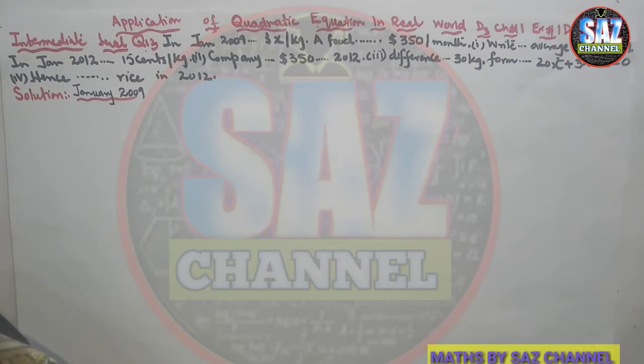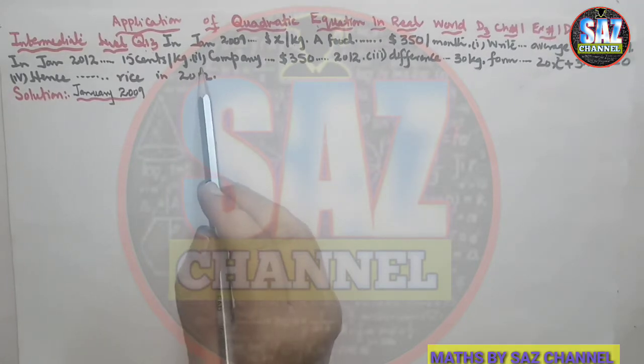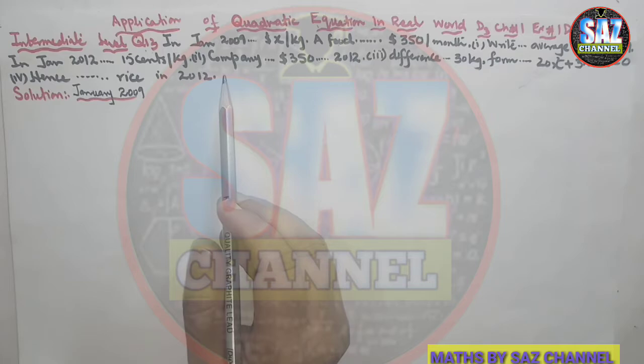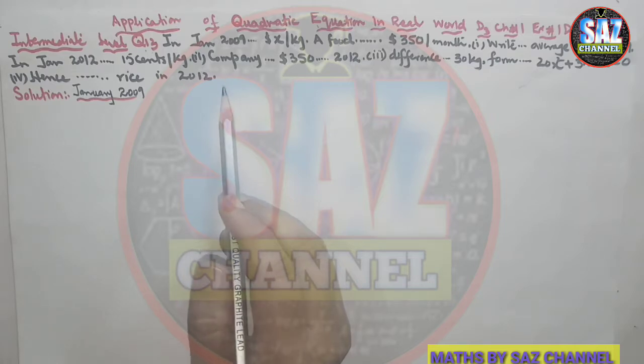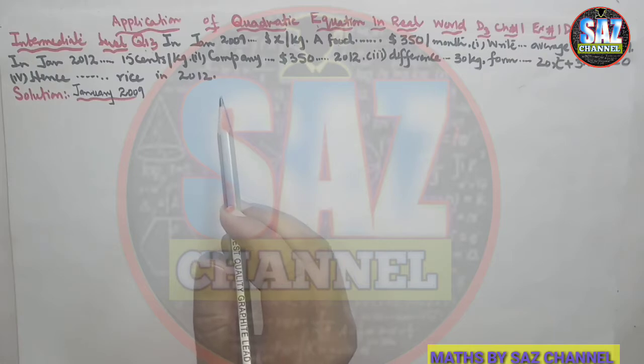The second part says that in January 2012, the price of each kilogram of the rice had increased by 15 cents. Next part says, given that the company continued to spend $350 on the rice each month, write down the expression in terms of X for the average amount of the rice ordered in January 2012.